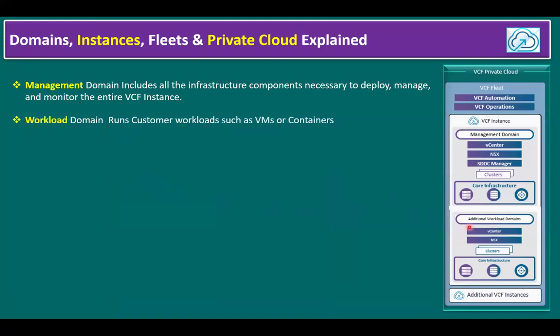An additional workload domain also has a separate vCenter, separate NSX, additional clusters and core infrastructure. A workload domain runs customer workloads such as VMs or containers. Okay, only the customer workload. That means all business related applications always run in a workload domain, and the infrastructure and management related servers and virtual machines run in the management domain.